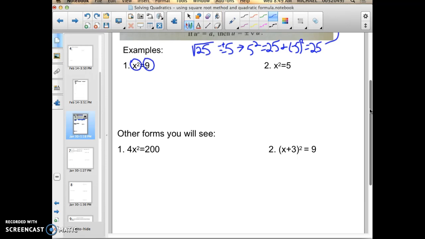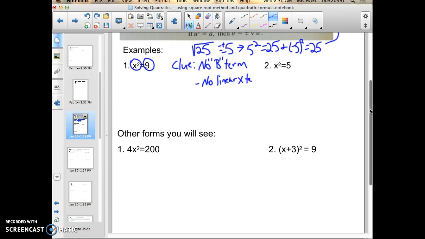Sometimes they'll be written to where it's already equaling a number. But the biggest clue, please write this down, is that there's no b term, meaning there's no linear term, or no linear x term.